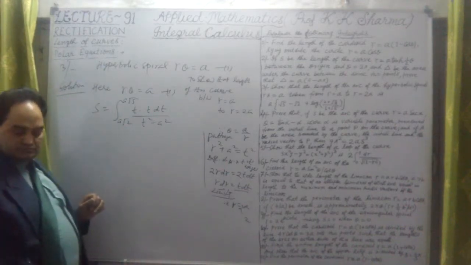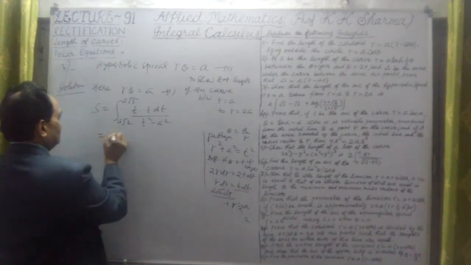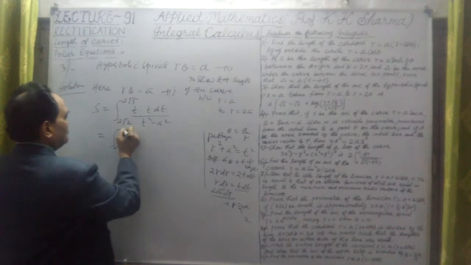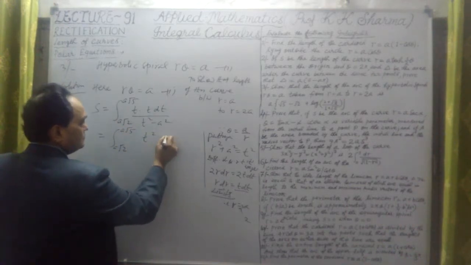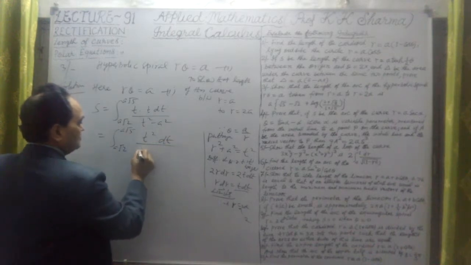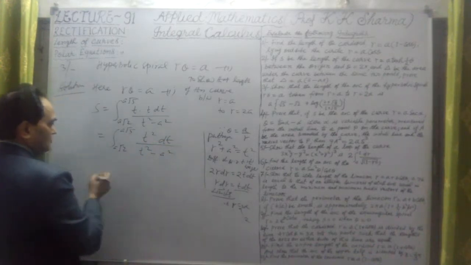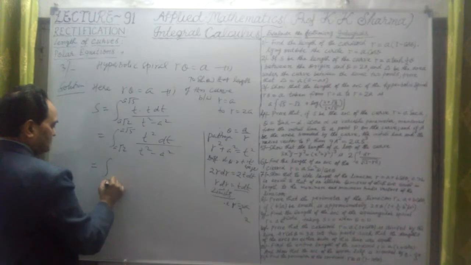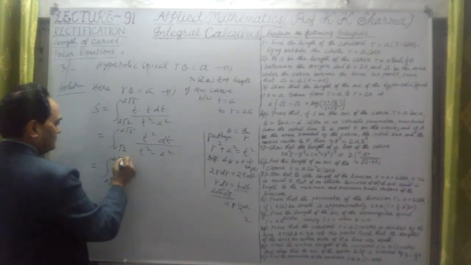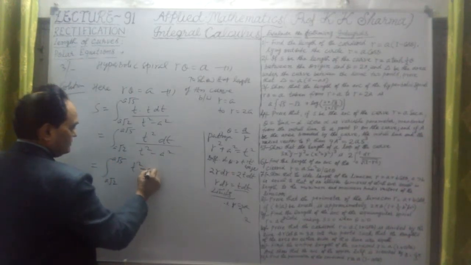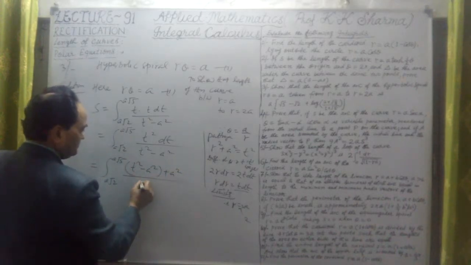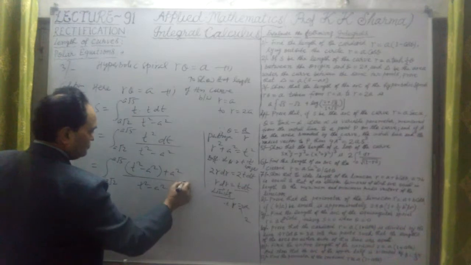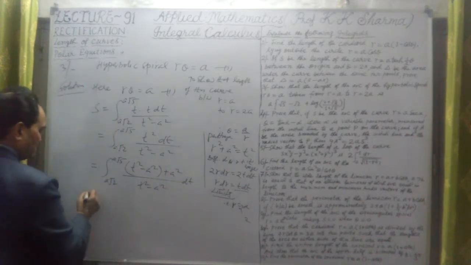Okay, so now this is t square in the numerator, from a root 2 to a root 5. This is t square into dt upon t square minus a square. Now if I further solve it, subtracting a square and adding a square, no change, divided by t square minus a square into dt. So I can separate it.